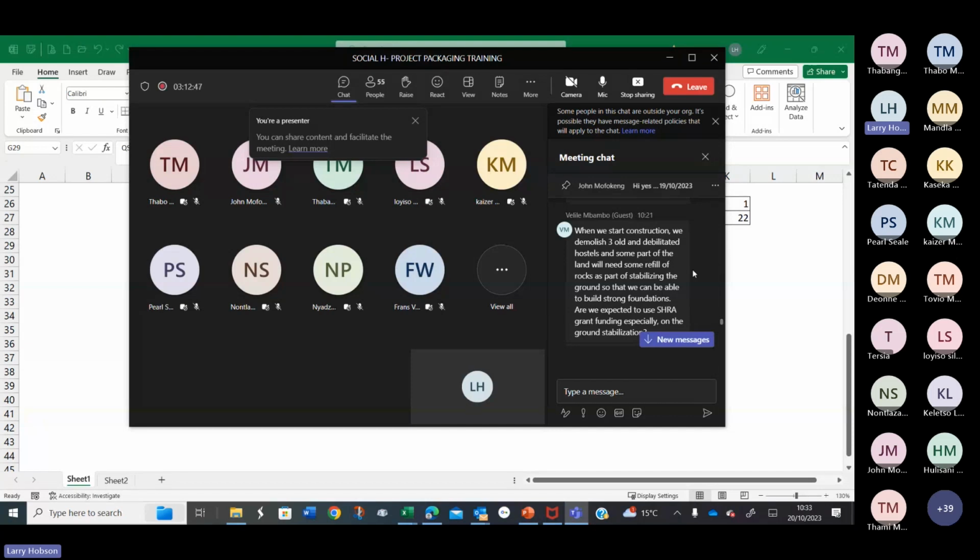Even that kind of stuff might not be covered by the municipality, but you would have to cover it out of the grant. So you would have to organize your development costs so that you can cover it, or find other funding to cover those. But I'm not aware of any special grant for that.